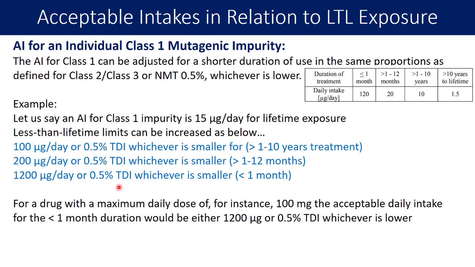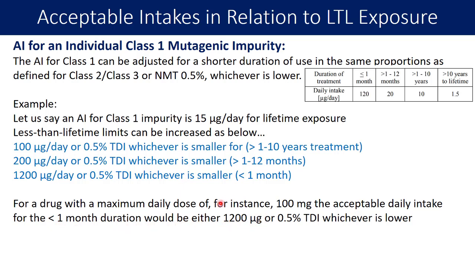Let me explain this with the help of an example now. So for a drug product with a maximum daily dose of, for instance, let us say 100 milligram. So 100 milligram is your maximum daily dose of the drug product. So the acceptable daily intake for less than 1 month duration will be how much?